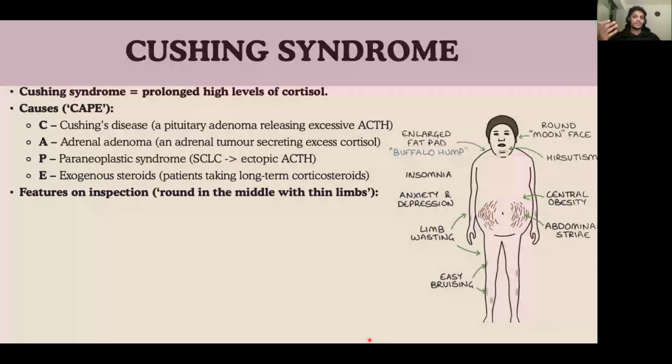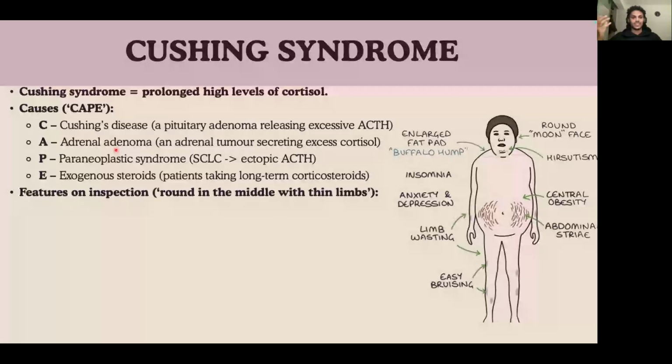We've got adrenal adenoma as well, which is directly downstream. The gland has an adenoma automatically producing cortisol, irrespective of ACTH and CRH levels. And you've got paraneoplastic syndrome, like small cell lung carcinoma producing ACTH from the cancer itself, and exogenous steroids.